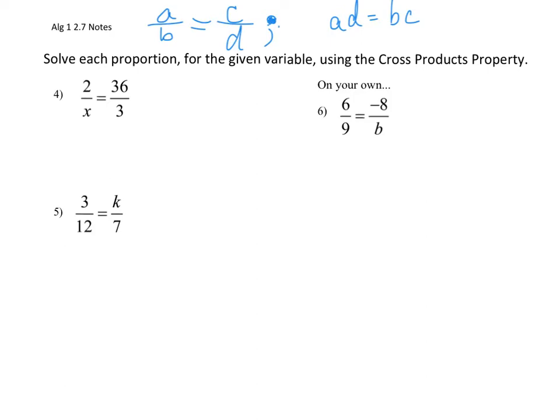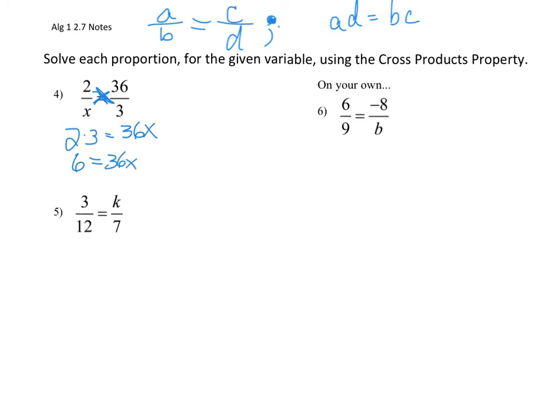Here we go. In the cross products property, we're going to multiply 2 times 3, and then multiply x times 36. So we've got 2 times 3 is equal to 36x, which means 6 is equal to 36x.